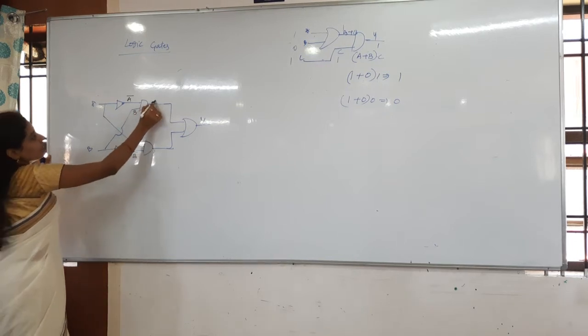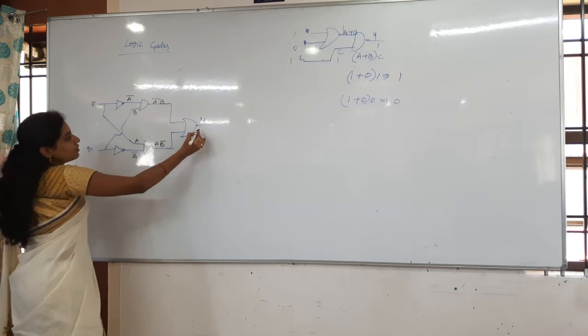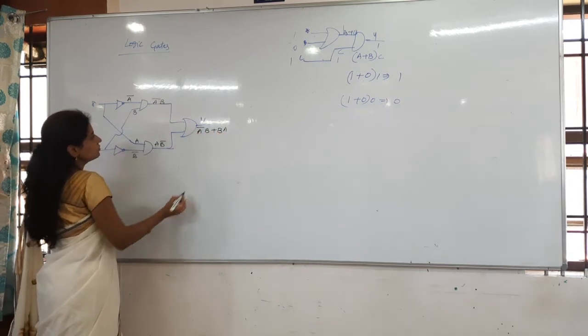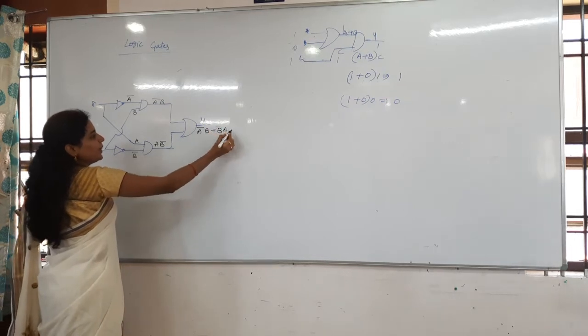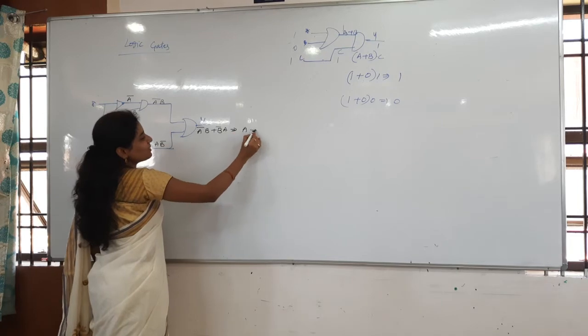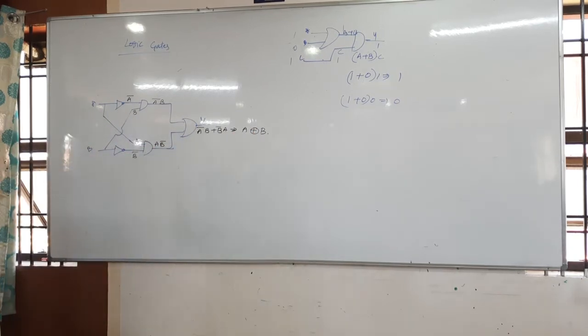B bar. Then what can I write this one as? A bar B. This is A B bar. So what can I write finally? A bar B plus B bar A. So what is this? Which symbol is this? XOR. Those are the options: AND, NAND, NOR, XOR.